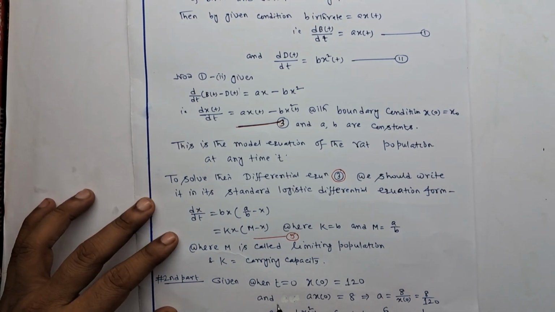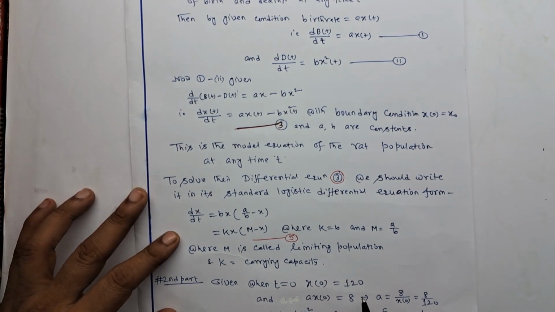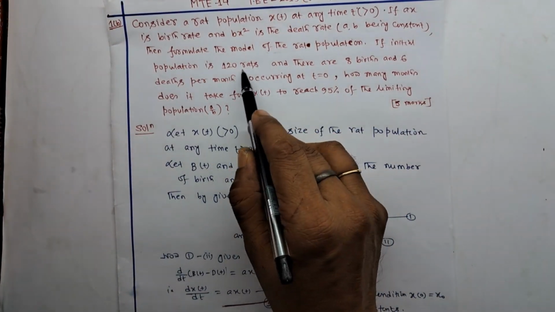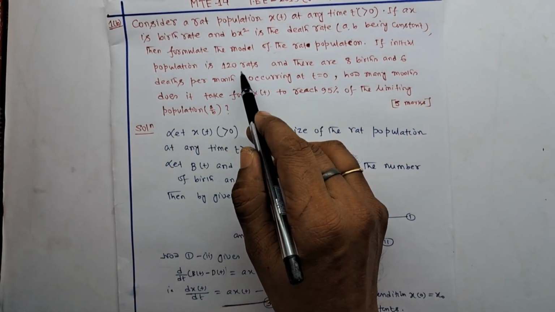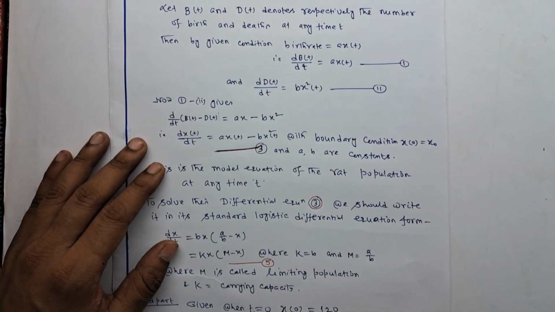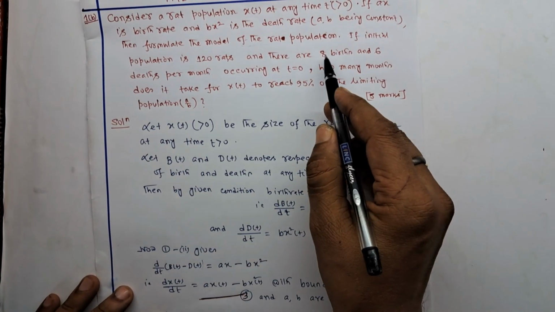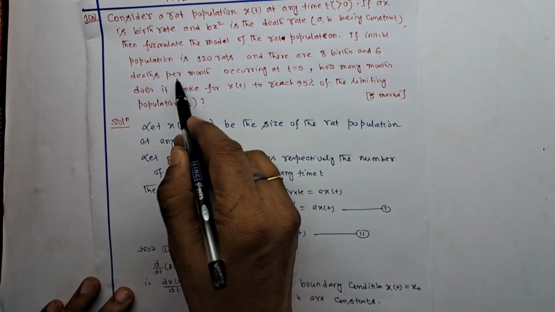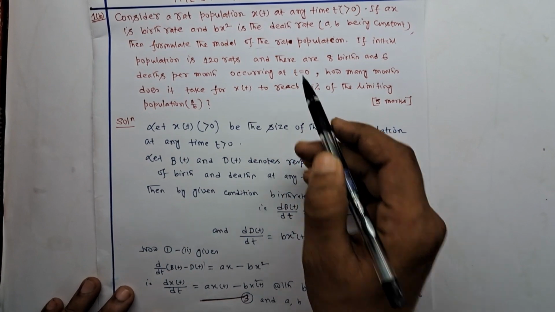Second part, given when t equals 0, x0 equals 120. Here in the second part it is given that initially there were 120 rats. And what were the birth and death rates? 8 births and 6 deaths per month occurring at t equals 0.